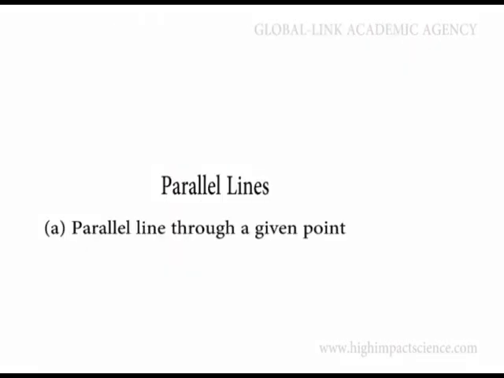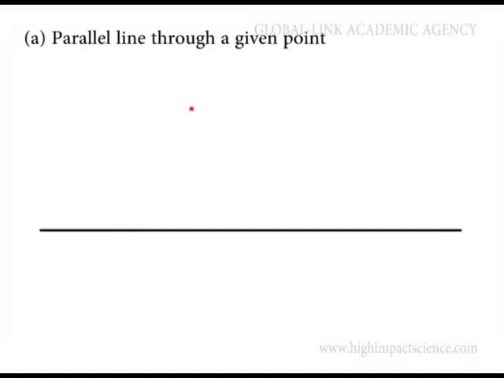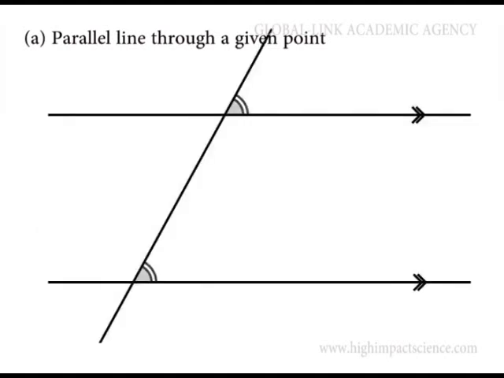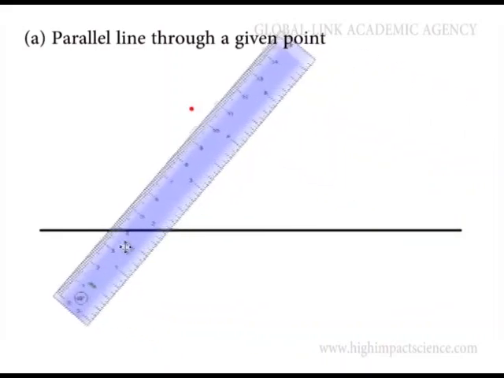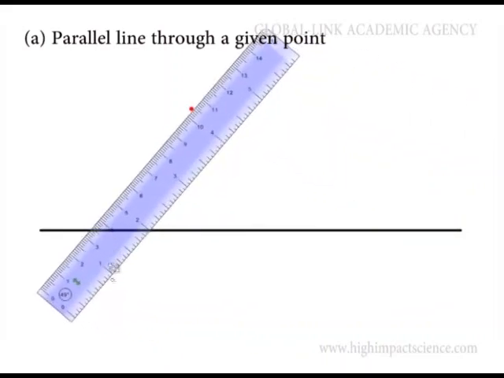Next, parallel lines. Parallel line through a given point. For example, we want to draw a parallel line to this line, but the second line must pass through the red point. We do this using corresponding angles. So we first draw a transversal through the point.